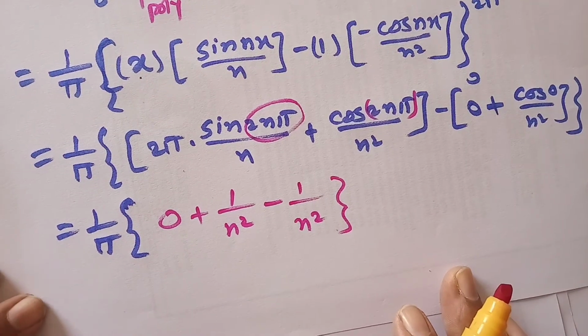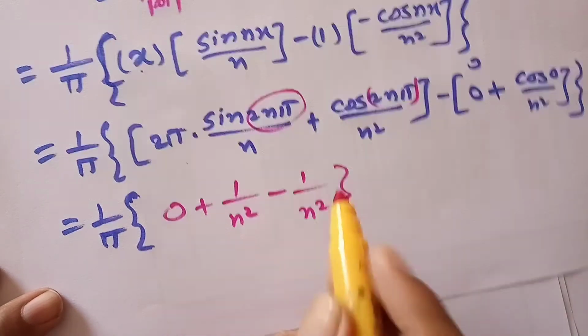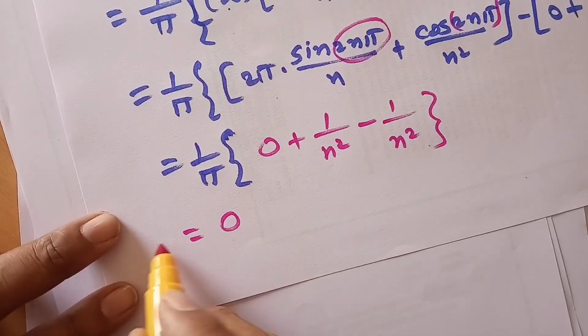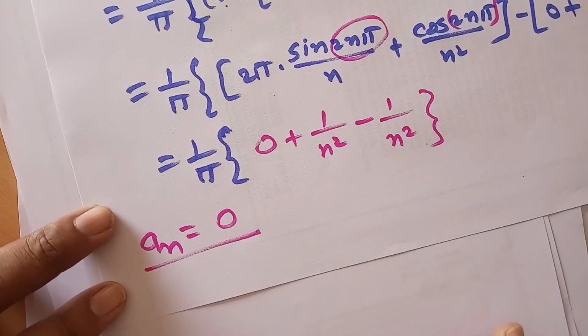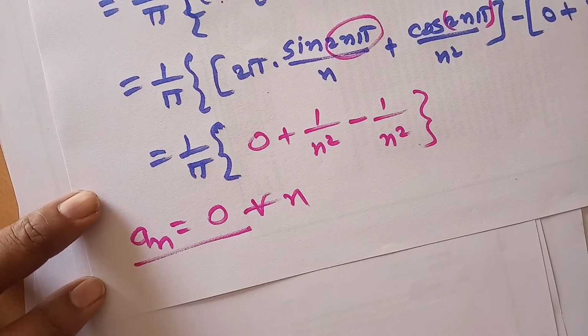And this total becomes 0. This 1 by n square and minus 1 by n square get cancelled, and we are getting an equal to 0. This is for all n. an equal to 0 for all n.